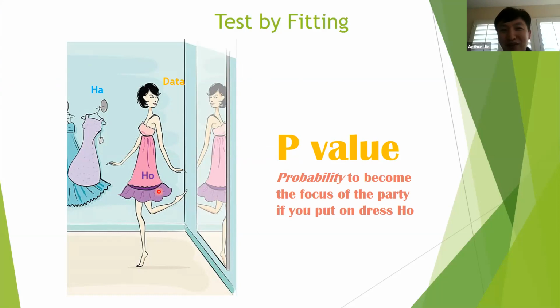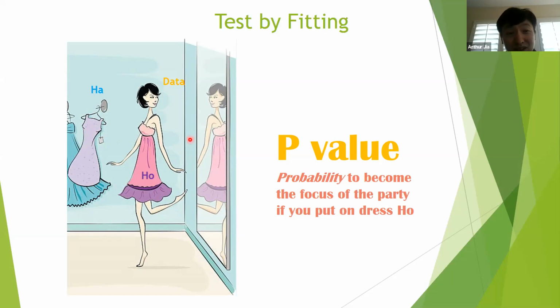If when you look into the mirror it is not fitting you well, you're gonna reject this one, and without trying the other one on, you just grab it and go to the party, because you think this one will fit you better and make you the focus of the party. So this is my favorite example. I always throw this out to show the logic behind hypothesis testing.